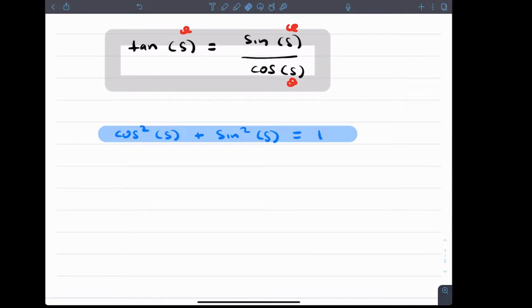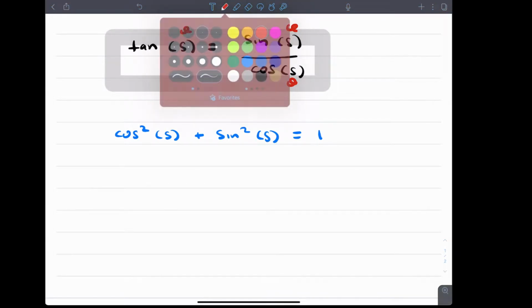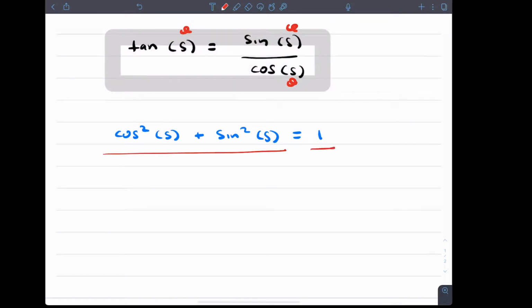Remember from algebra, if we ever have an equation, what are we able to do? We're free to divide both sides of that equation by any number we want as long as it's not 0. You guys with me on that? So what I'm going to do now here is this. I'm going to divide both sides here now by cosine squared s. The left side and the what? And the right side. Okay?